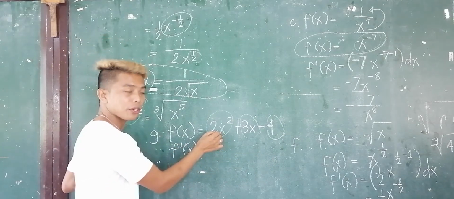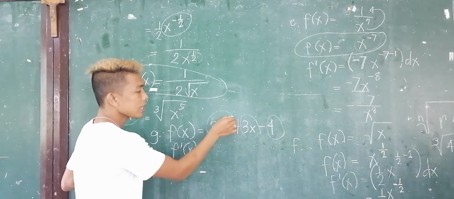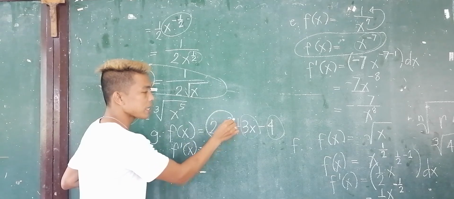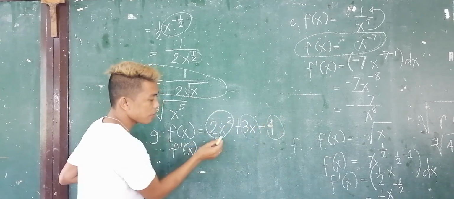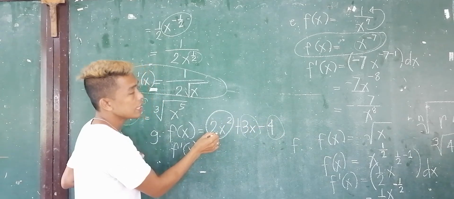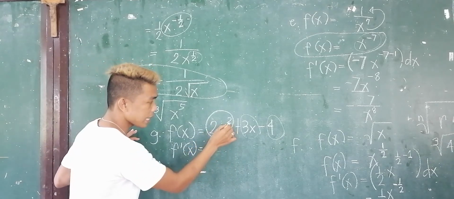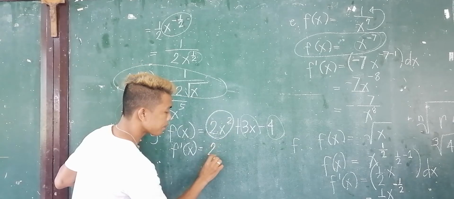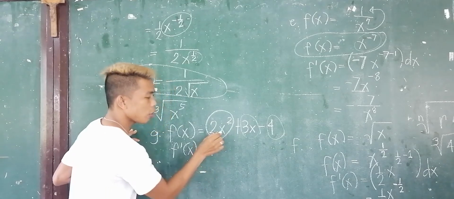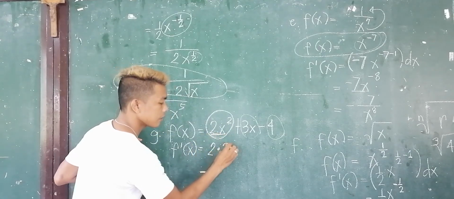Dito ka muna magfo-focus. Huwag mo munang pansinin yung natitira doon. Dito ka muna tumingin. Katulad ito ng examples natin sa number 2. So, kukunin natin yung exponent, 2 times. Kopyahin mo tong 2x.